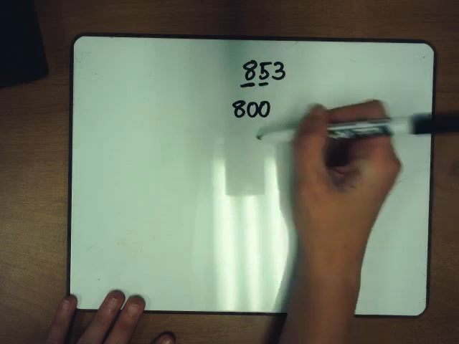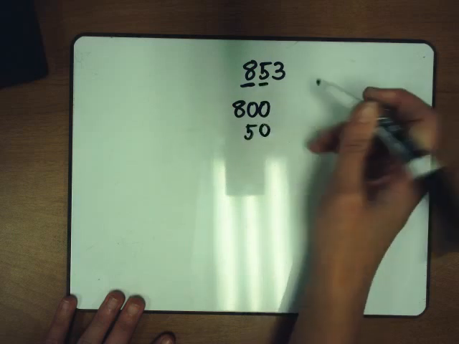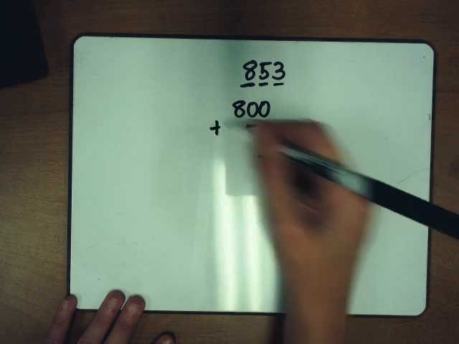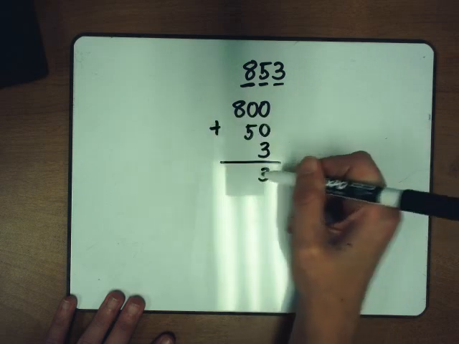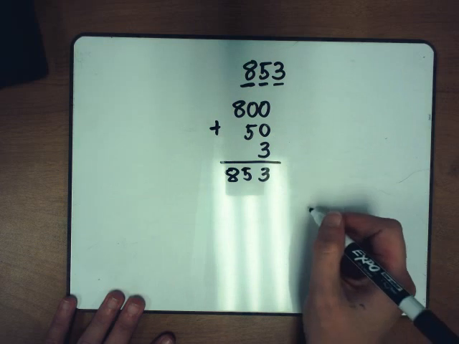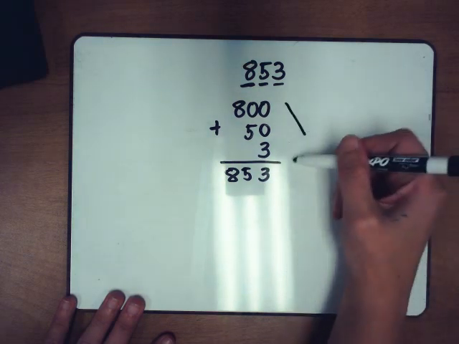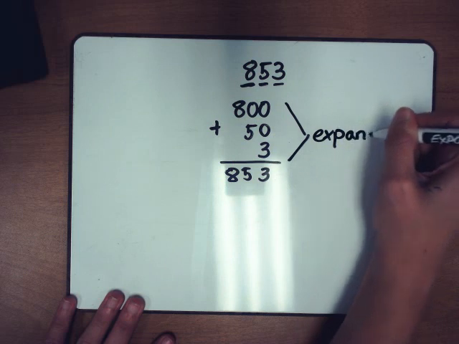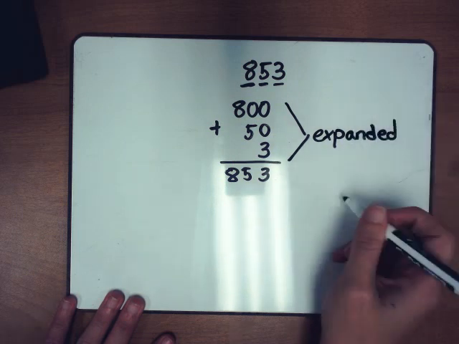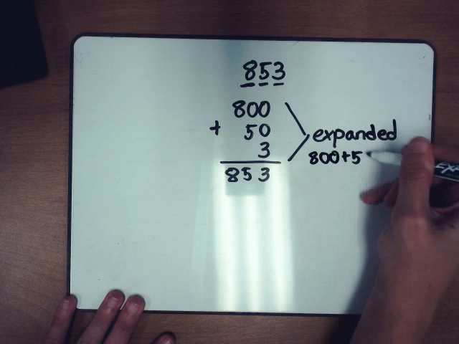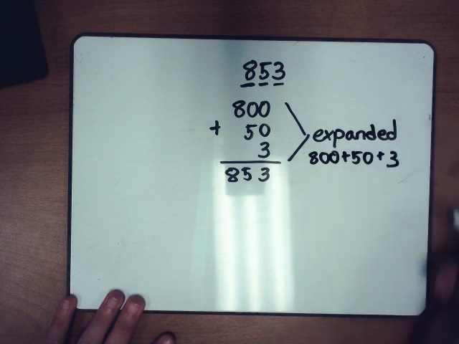The 5 is worth 50, and then the 3 is just worth 3. So when I add that up, I have our number written in standard form. So right here, I have expanded it. You might have also seen this written as 800 plus 50 plus 3.